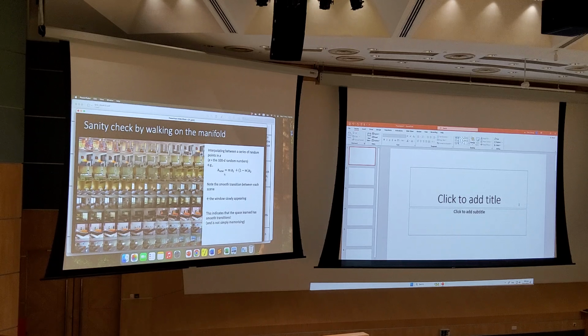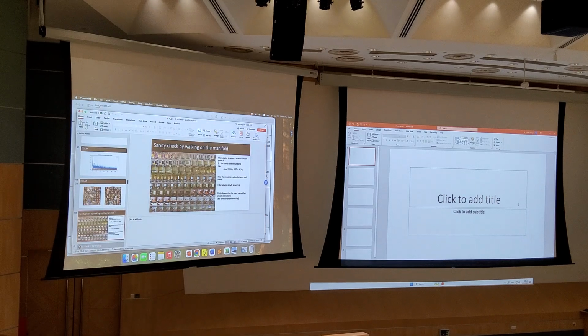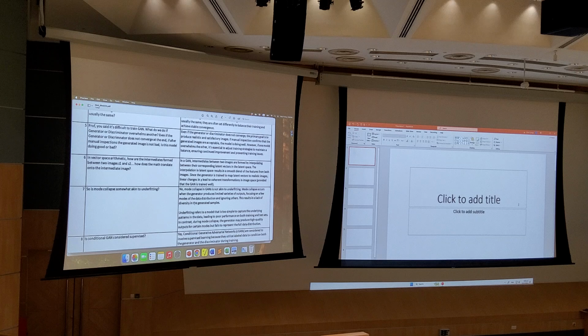Usually we use this technique to check whether your GAN learns something, because if it doesn't learn well, you cannot do this. All right, that's about the interpolation.